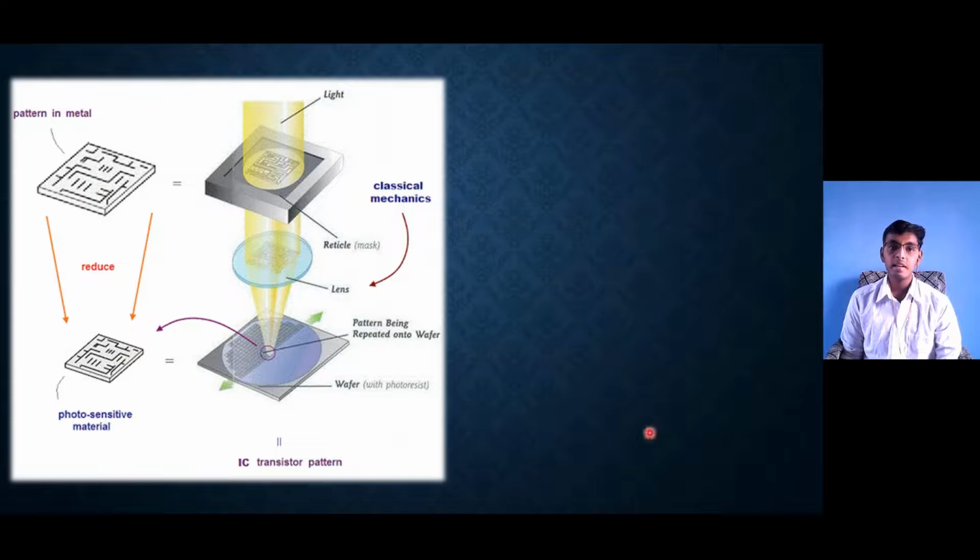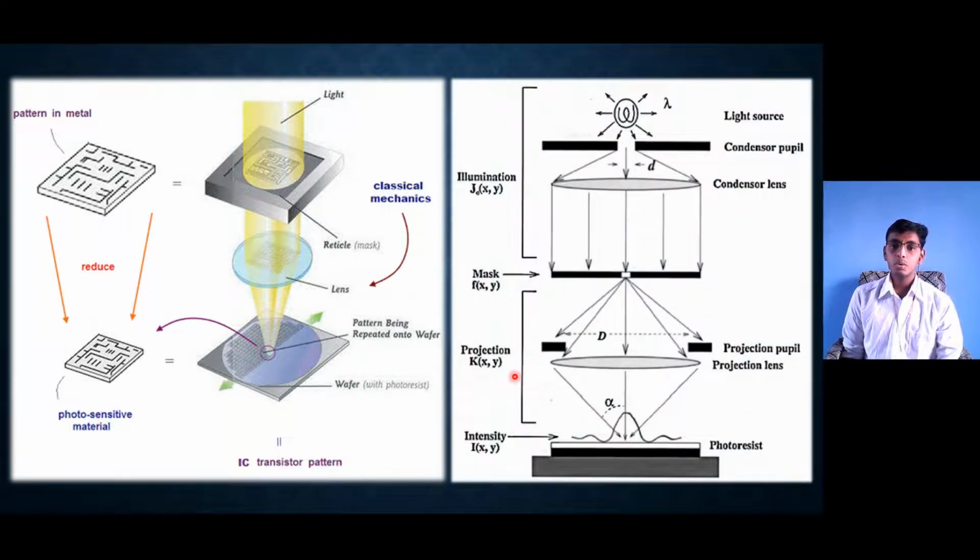As we can see here, we have a mask which is exposed to the UV light, and using a series of reduction optics, we print a miniature version of the circuit on the wafer layer. This is the ray diagram of how this lithography system works.